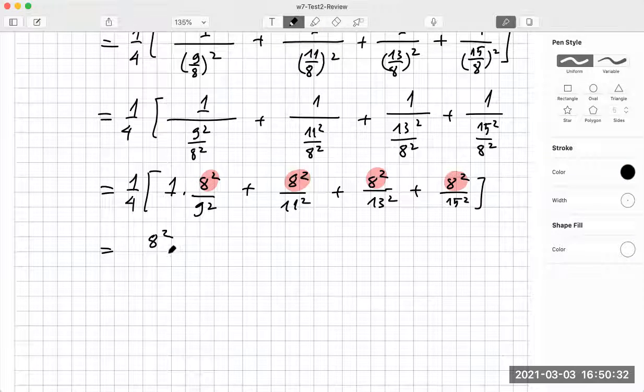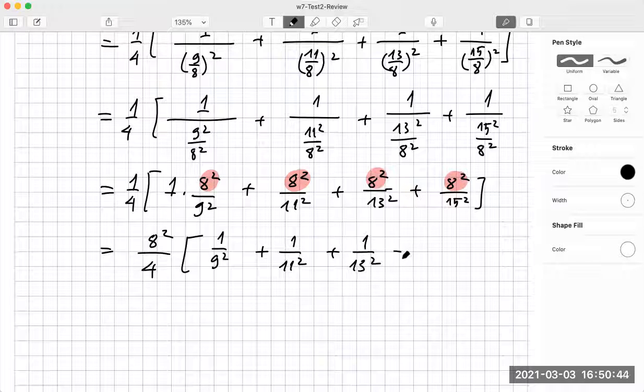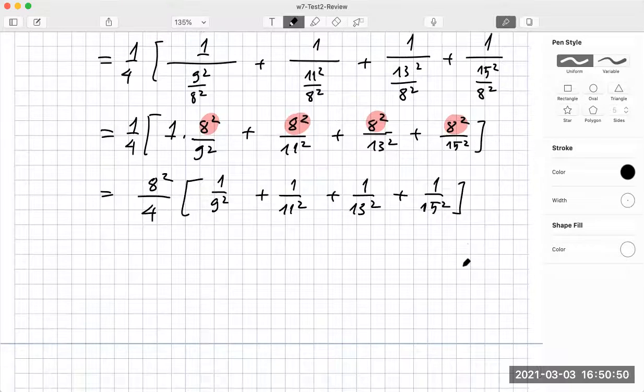We can factor it out. Inside that will be 1 over 9 squared plus 1 over 11 squared plus 1 over 13 squared plus 1 over 15 squared. Okay? Use your calculator to compute it.